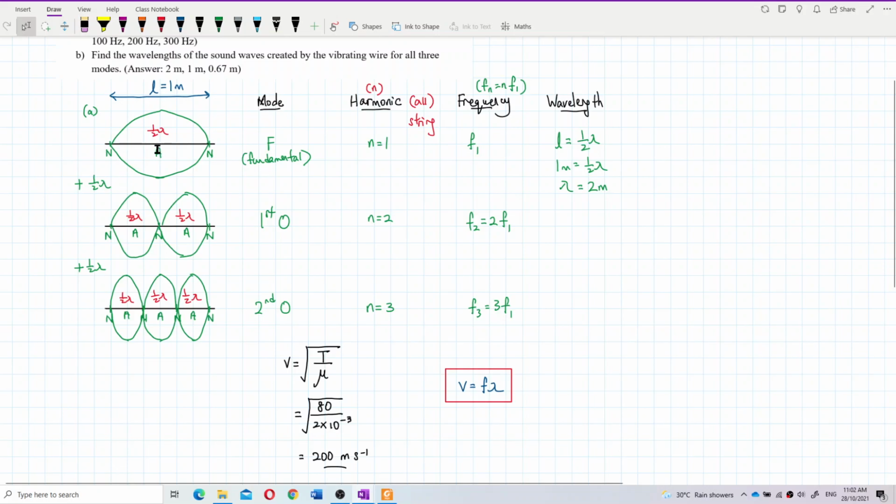So what's the frequency for the first one? Let's find the frequency for the fundamental mode. I just use the formula V equal to F lambda.